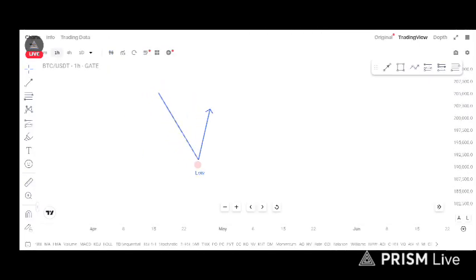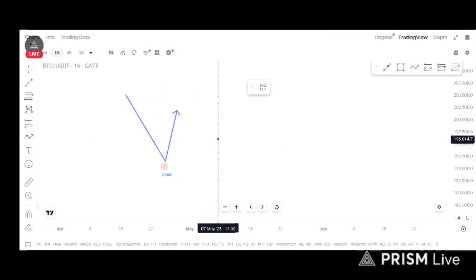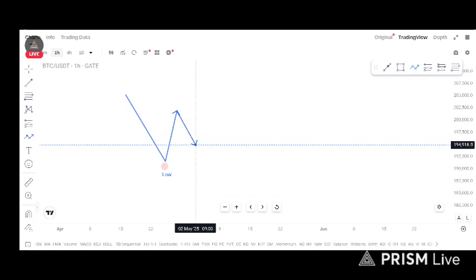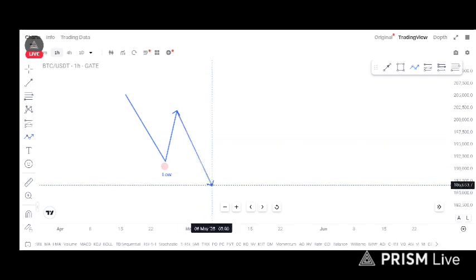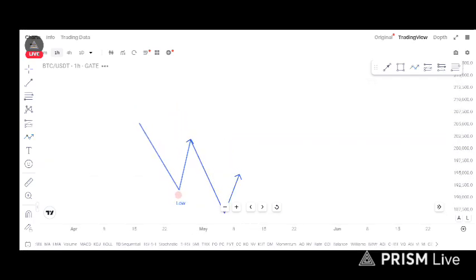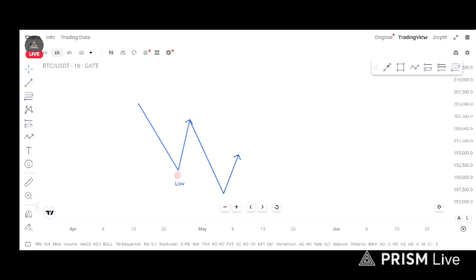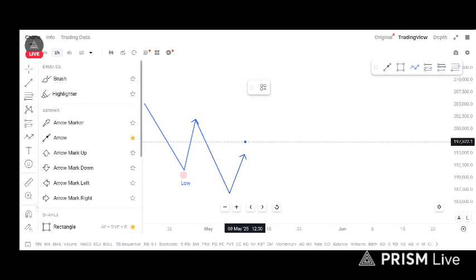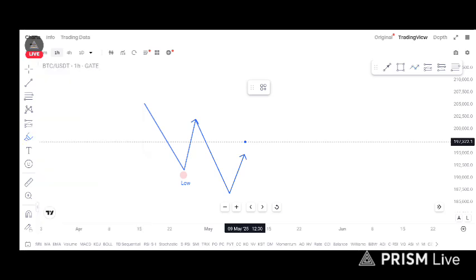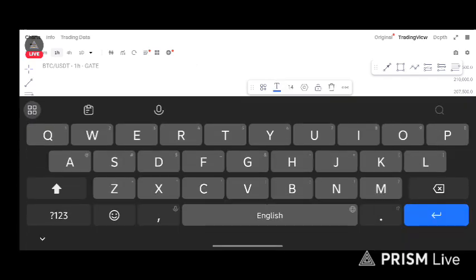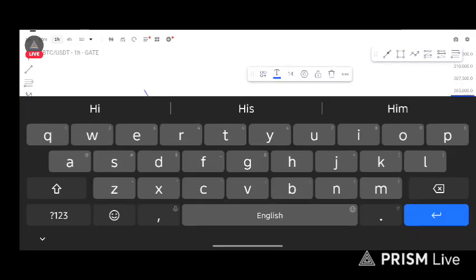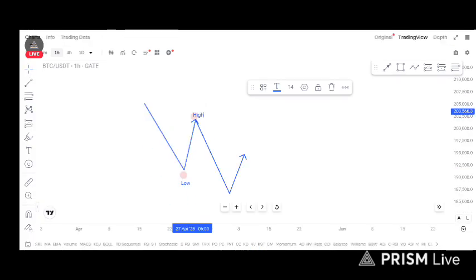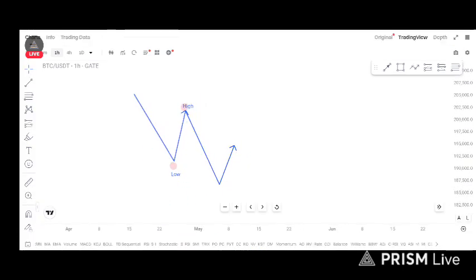Okay, after the rest we continued our journey, hence we created a high. So after the rest we created a high here, so we call it a high.